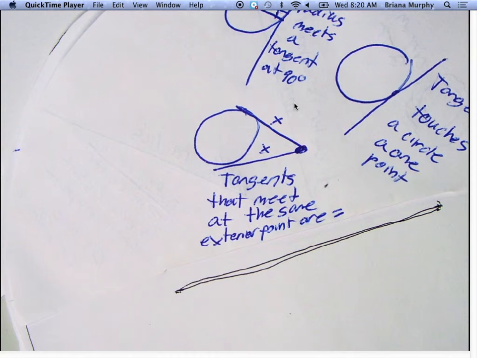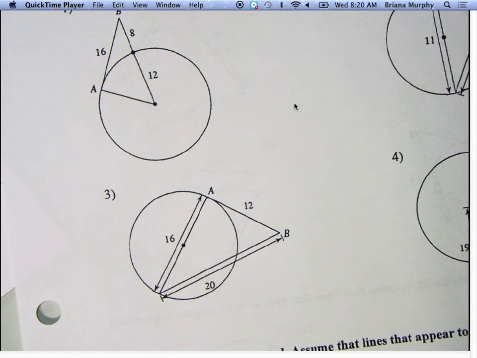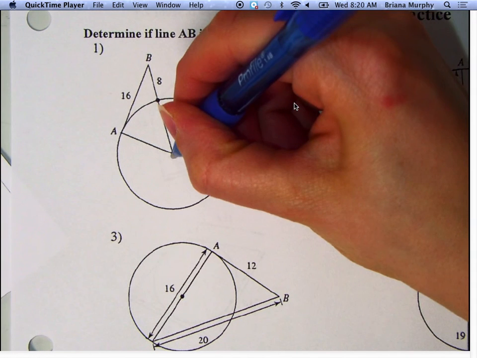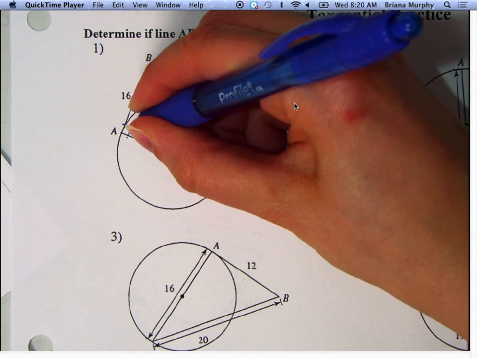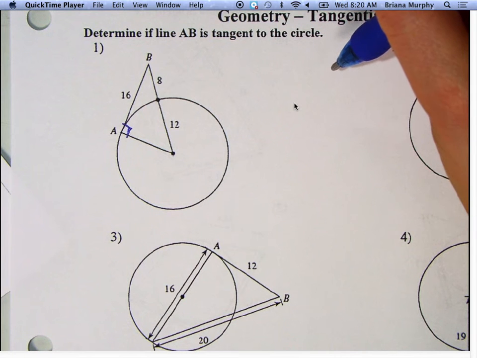Okay, so let's do some example problems from tonight's homework. If we're looking at number 1 for your homework, we know A to the center right here is a radius, so it must meet this tangent at 90 degrees because it tells me AB is tangent to the circle.